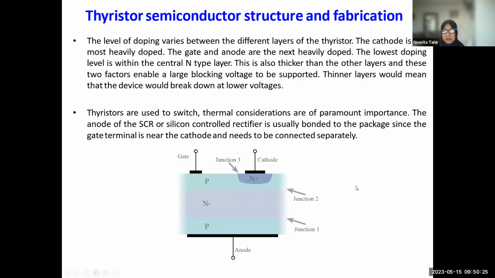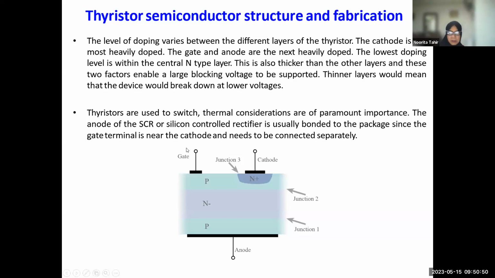Okay, so in view of this thyristor semiconductor structure, with the very high currents and power levels that some thyristors are used to switch, the thermal considerations are very important.